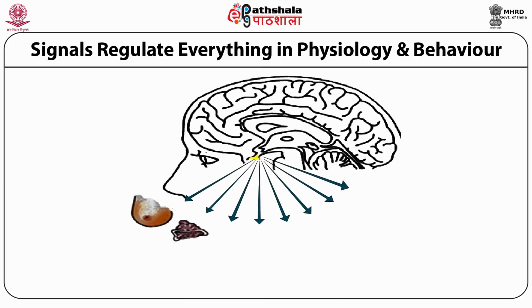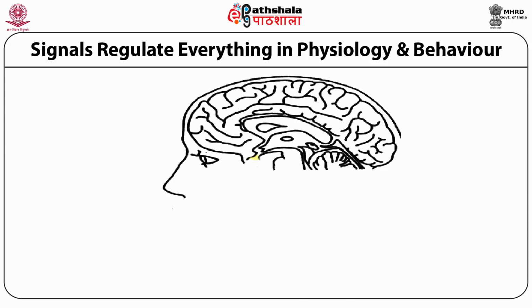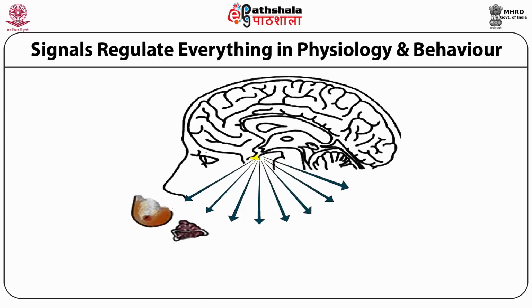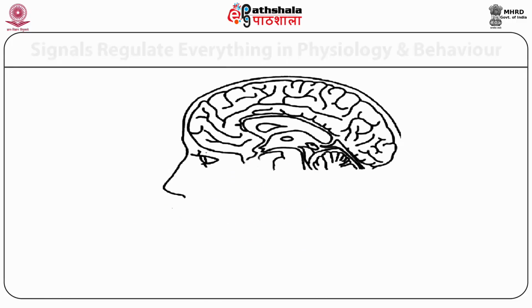And these functions of all these tissues are controlled by signals which are chemical in nature called hormones coming from this tiny gland which is present in part of our brain, and that is called the pituitary gland.